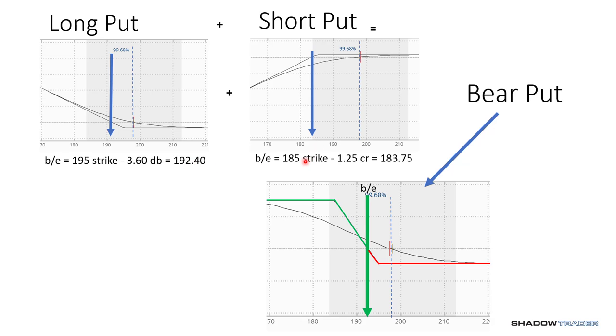On the put that I sold, the 185, I make money only if it stays above the 185 minus the 1.25, or 183.75. So my break even is in between these two values, approximately 192, or 191, I'm sorry.